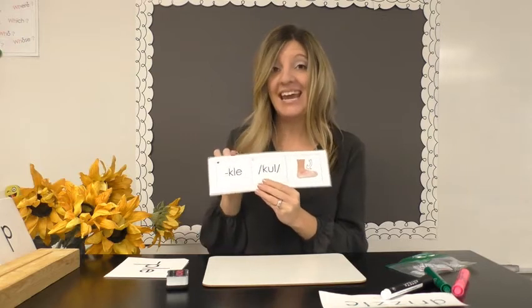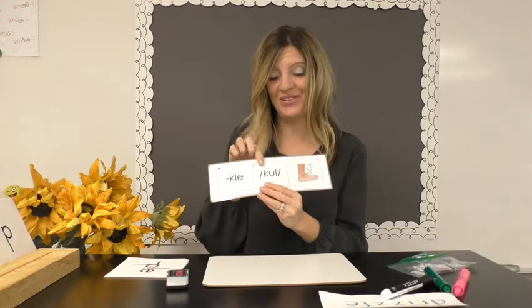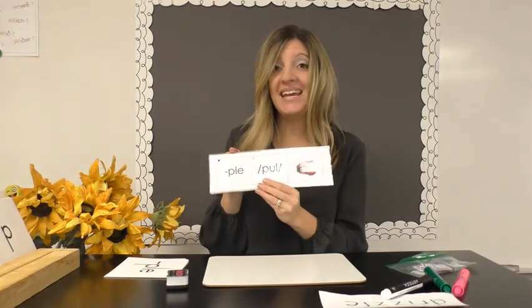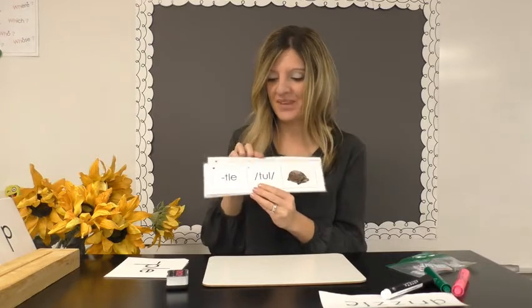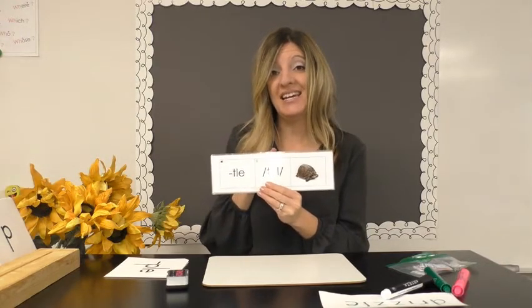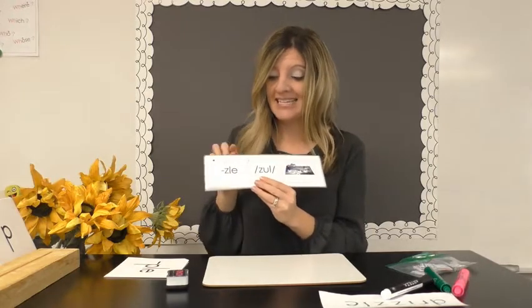G-L-E says gull, like giggle. K-L-E says cull, like ankle. P-L-E says pull, like staple. T-L-E says tull, like turtle. Z-L-E says zull, like puzzle.